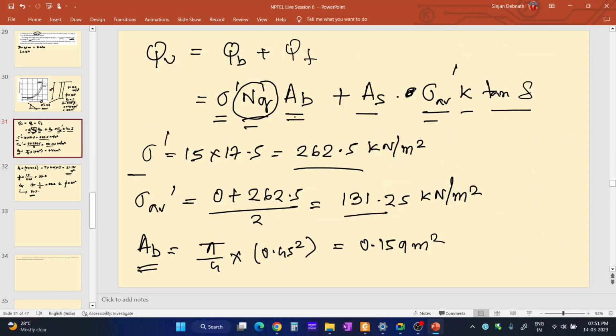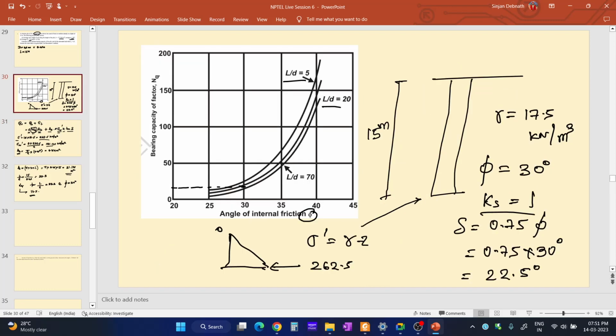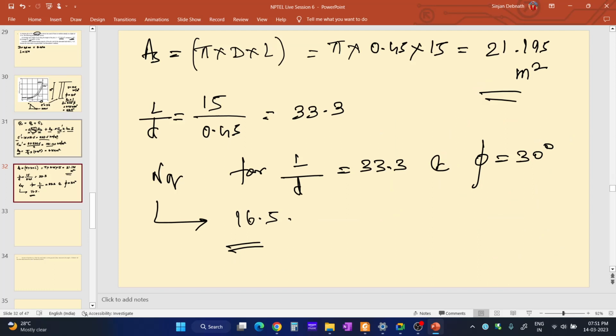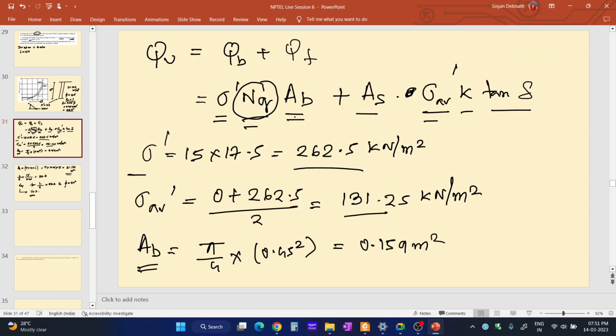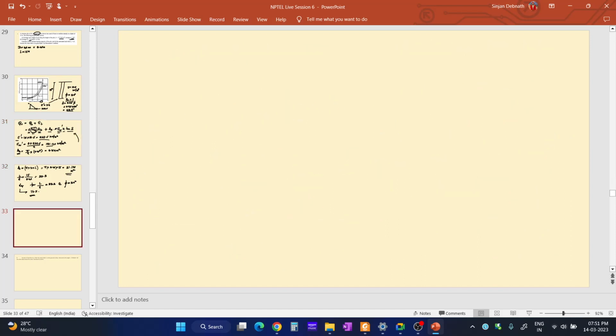And tan delta. Delta is also given. Delta is 22.5 degrees. So if we put the values of all the parameters into this equation and solve it, we will get the value of the total ultimate load.